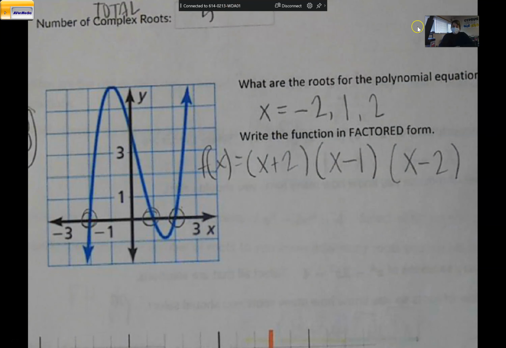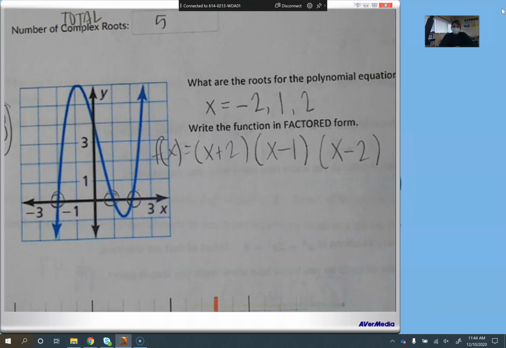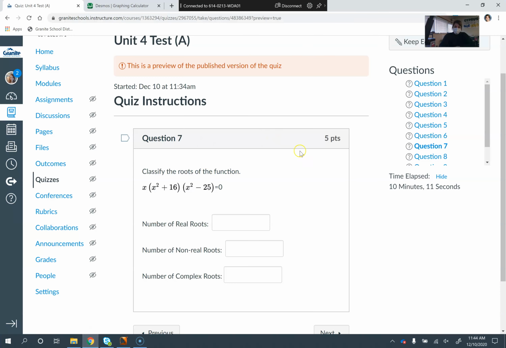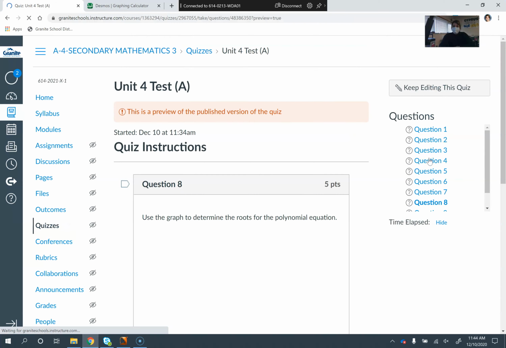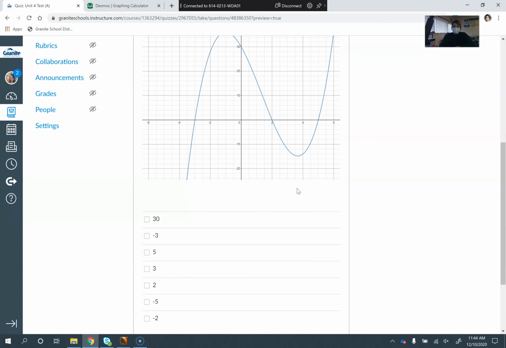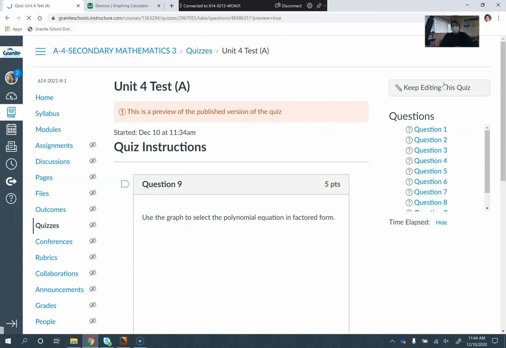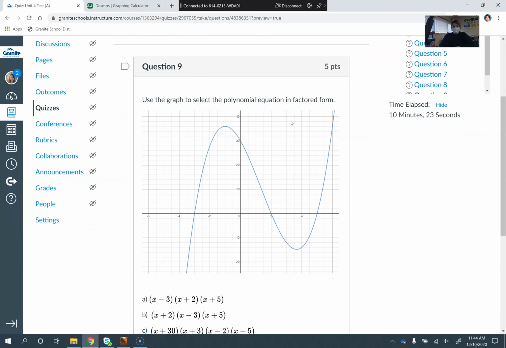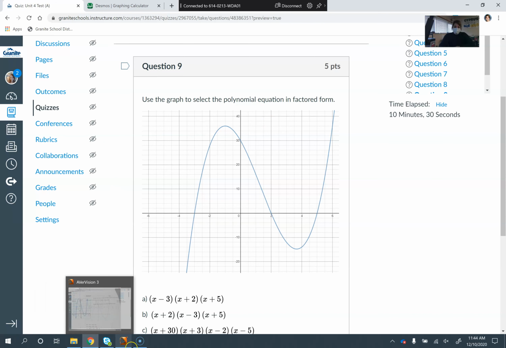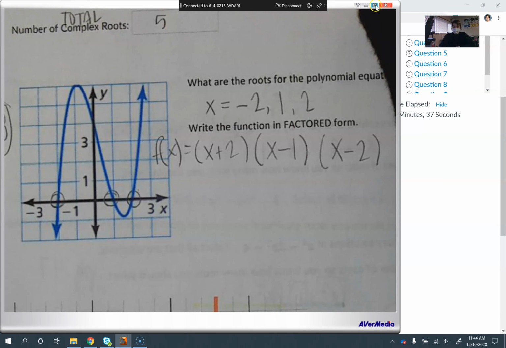So now this is both problem 8 and 9 in your quiz. So 8 just asks for the roots. Then 9, for the same graph, asks for the factored form of the function. Give you roughly a minute on that one, and then we'll finish up with the last problem.